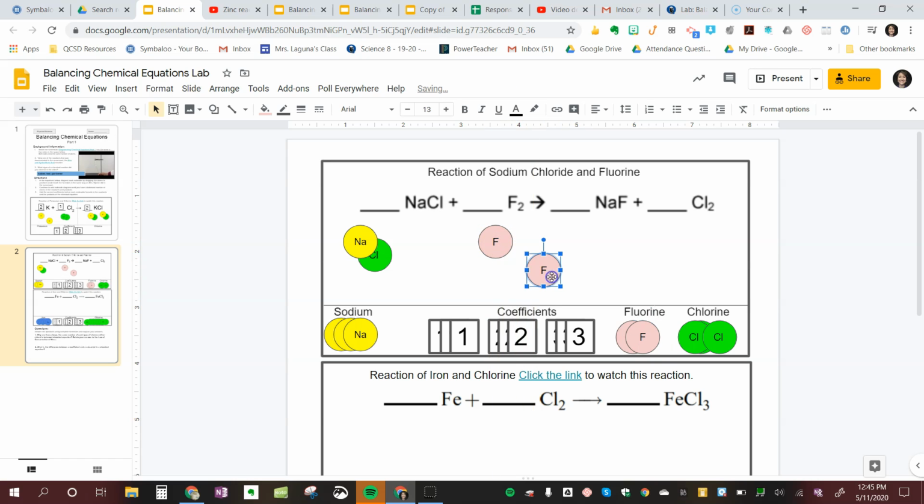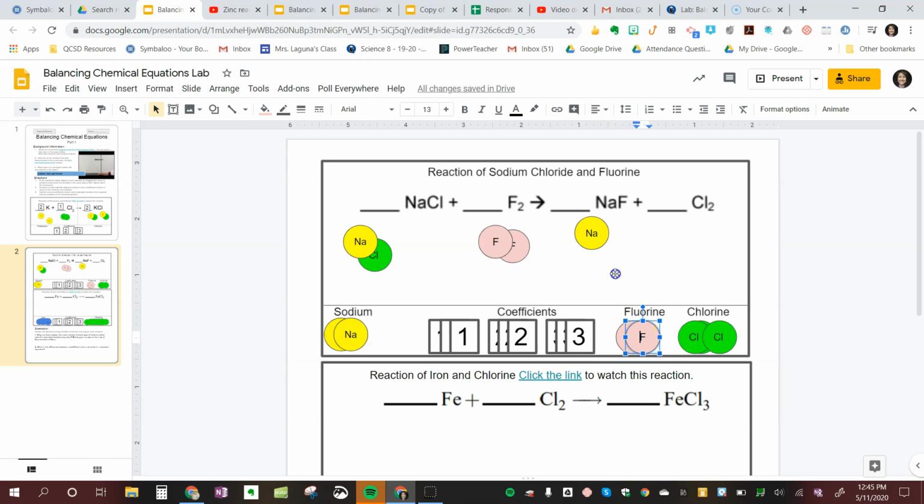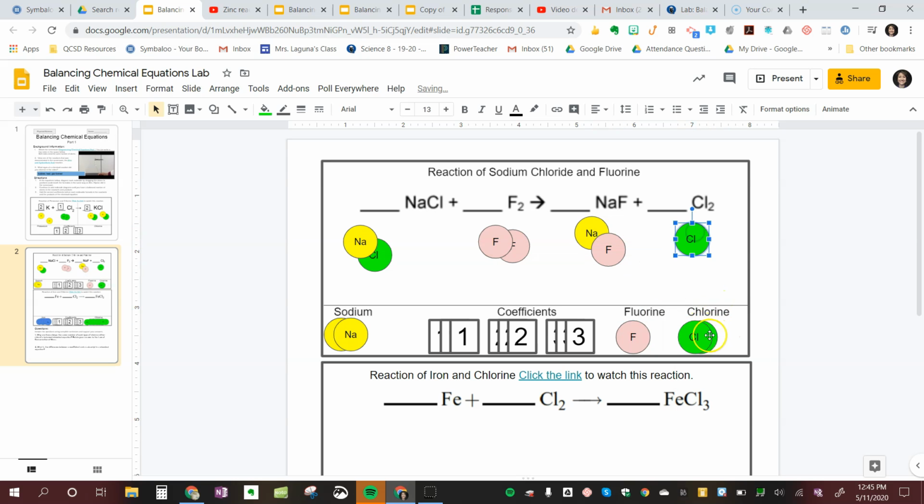Don't put them like this. They have to be connected together to show the chemical bond. And then sodium fluoride looks like this, connected together, like that. And then chlorine is another diatomic element, so it needs 2 according to the chemical formula.